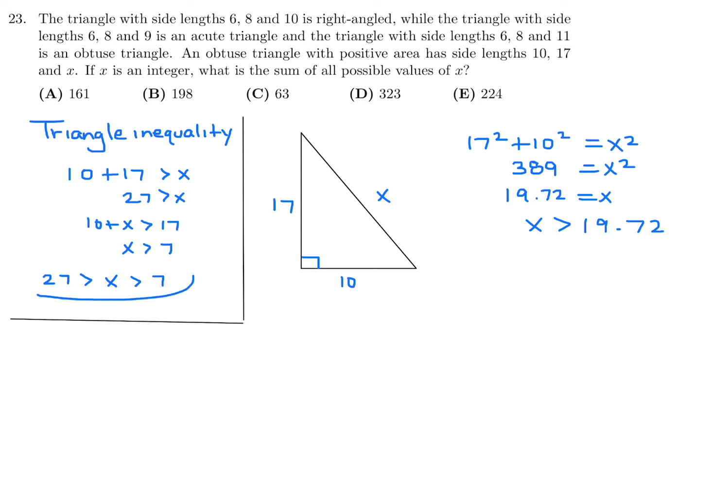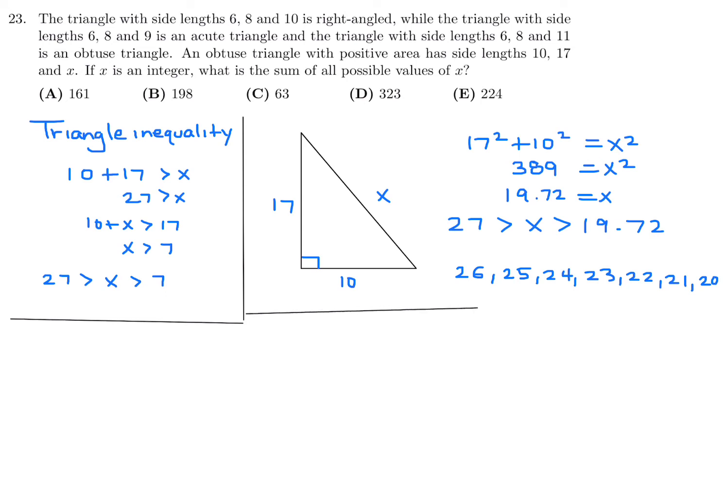And then now we can go back and look at the other end of the inequality, and that is x has to be less than 27. And remember, x is an integer. So x will be either 26, 25, 24, 23, 22, 21, and 20. So those are our values.